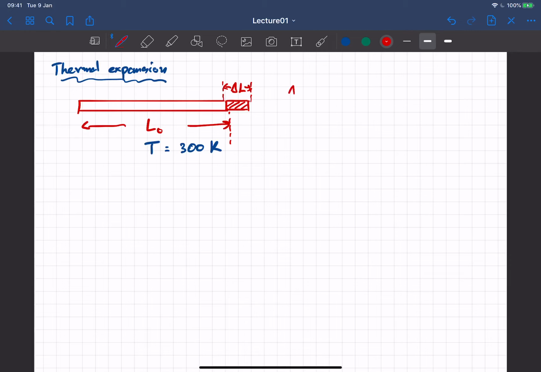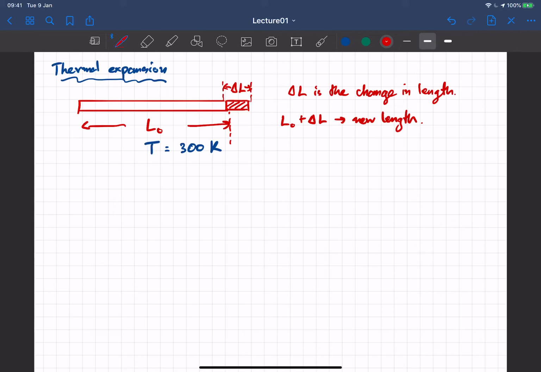So delta L is the change in length of this material. So the total length of this thing is L0 plus delta L. This is the new length of this material.